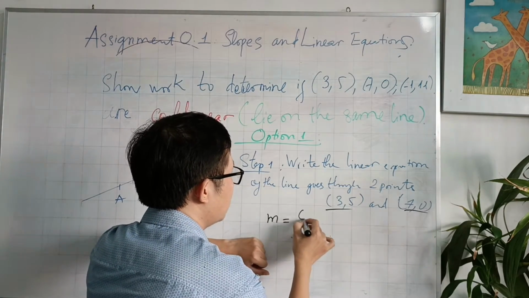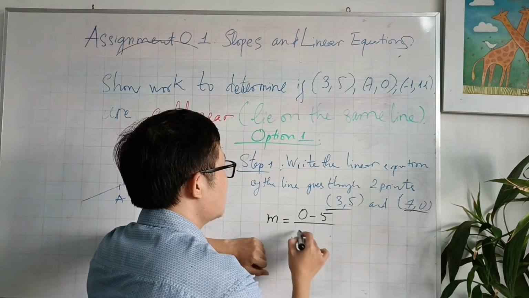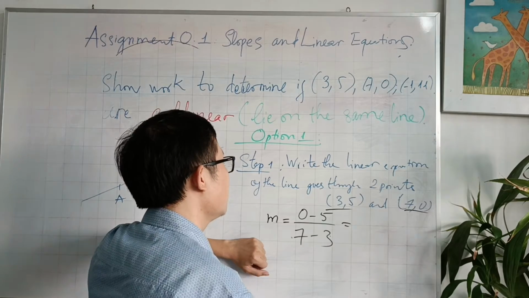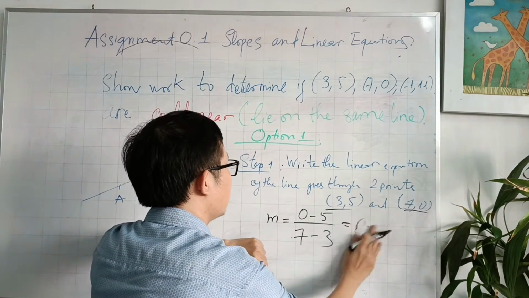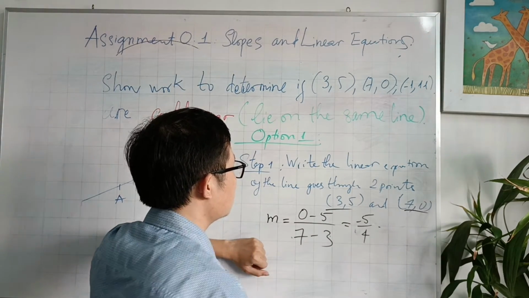So it is 0 minus 5 over 7 minus 3. It is negative 5 over 4.